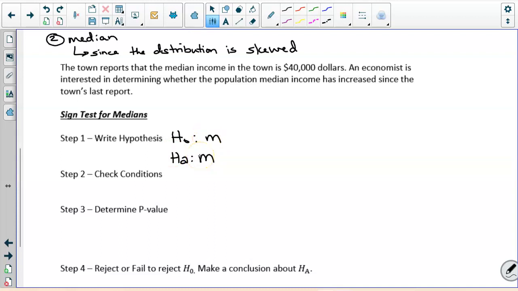It says determine whether the population median income has increased since the town's report. So I want to see if the median is greater than, what was the report? 40,000. Because my data was given in terms of thousands, I'm going to write M is greater than 40.